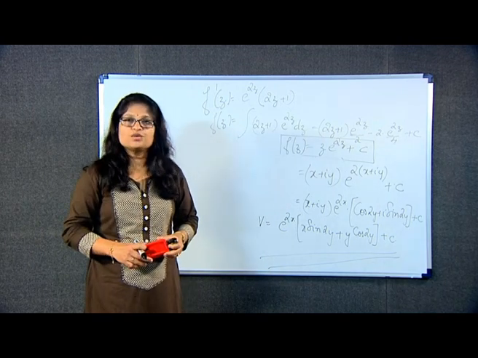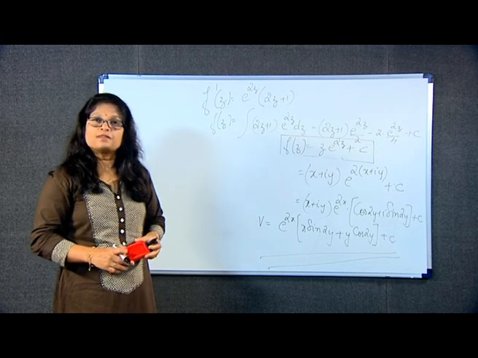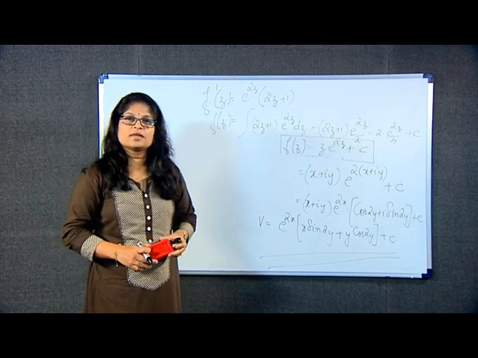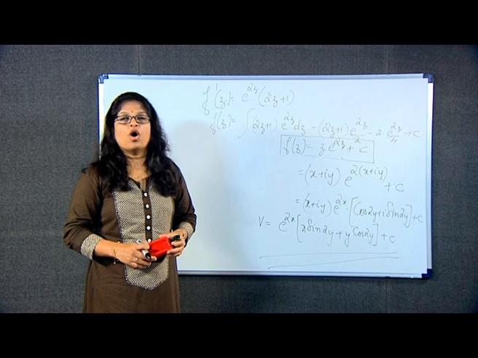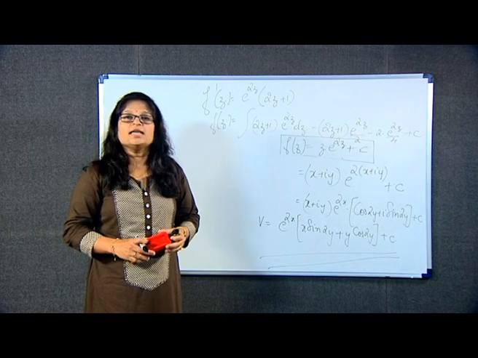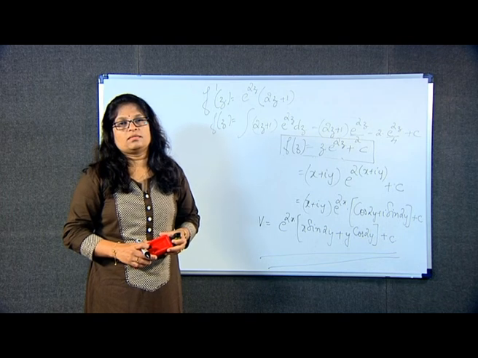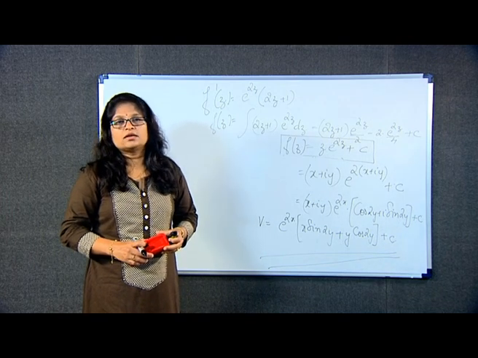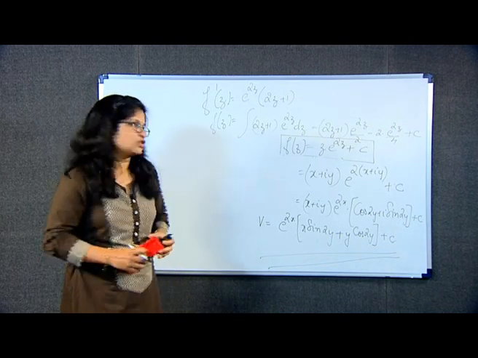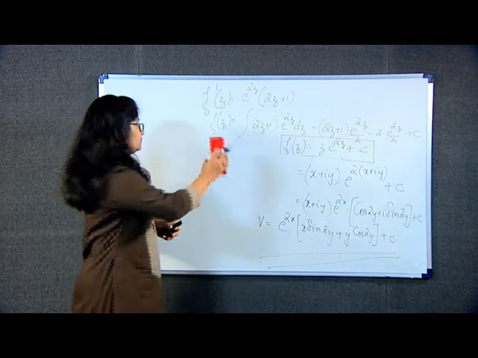We can also use this Milne-Thompson method to find your analytic function if, suppose, instead of u or v, I give you u plus v or u minus v. Still you can use this method to find the analytic function. How do you proceed?